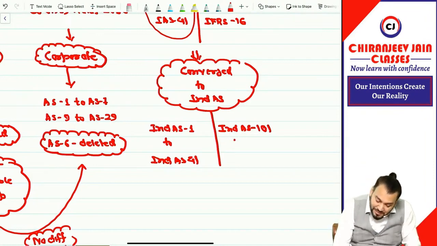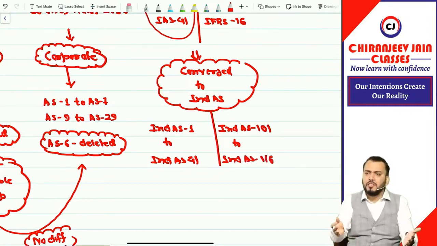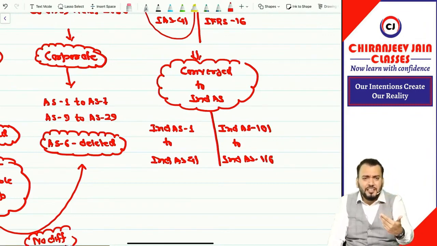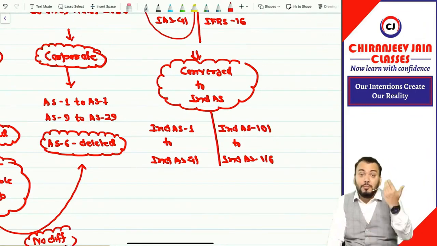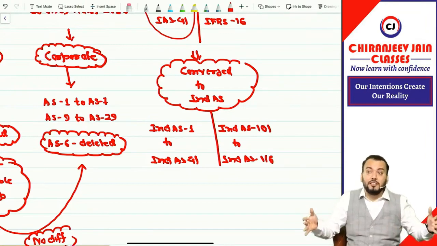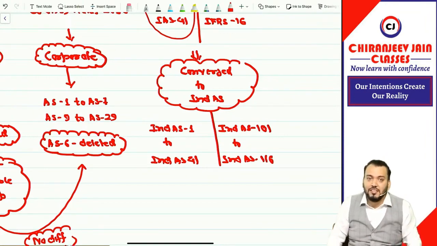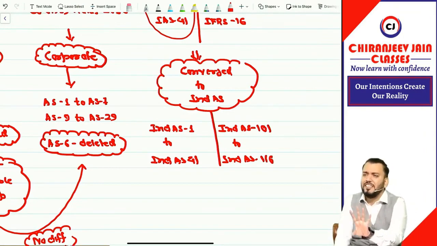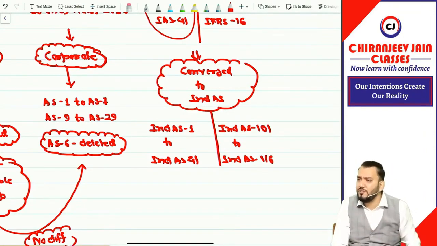Understood? To Ind AS 116. You might have heard of Ind AS 116, Ind AS 117, and Ind AS 101. You might be thinking 101 means 100 standards are there. No, nothing to worry. Effectively, there are 35 or 36 Ind AS which you need to study.